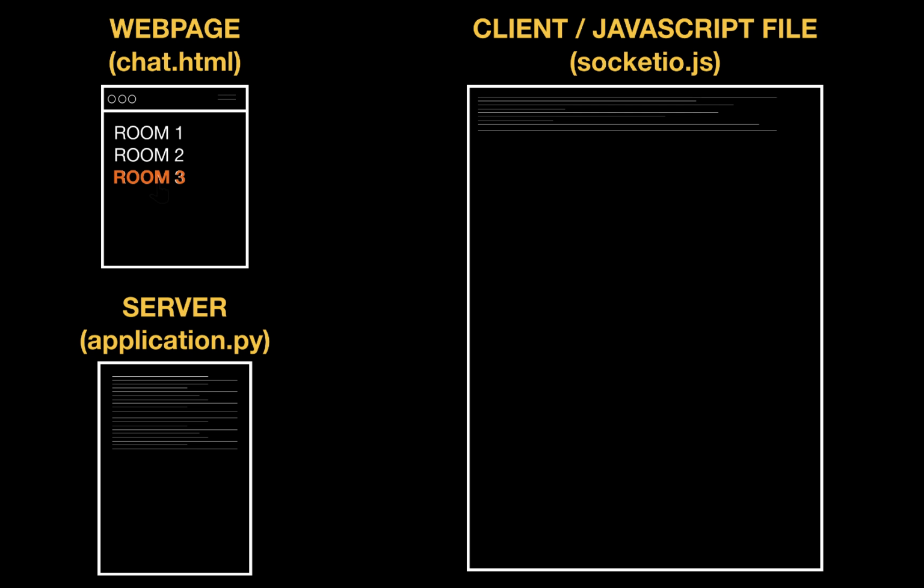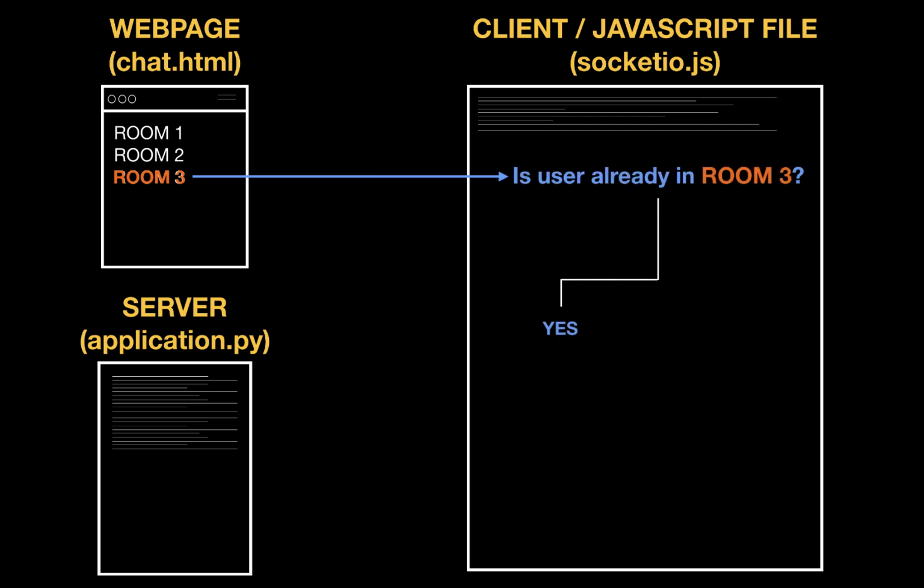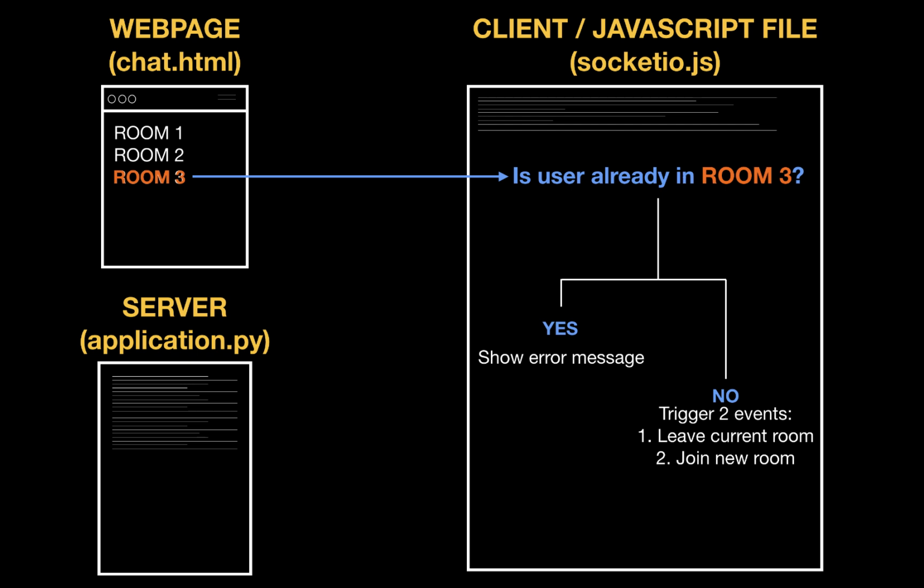When he clicks on the name of the room he wants to join, we first need to check whether the user is already in the room. And if he is already in the room, we need to show him an appropriate notification. If not, then the user leaves the room he is currently in, and then he joins the new room.